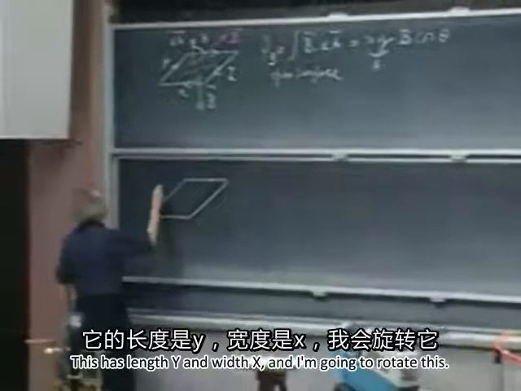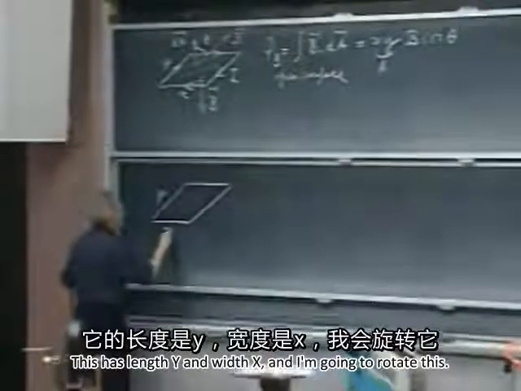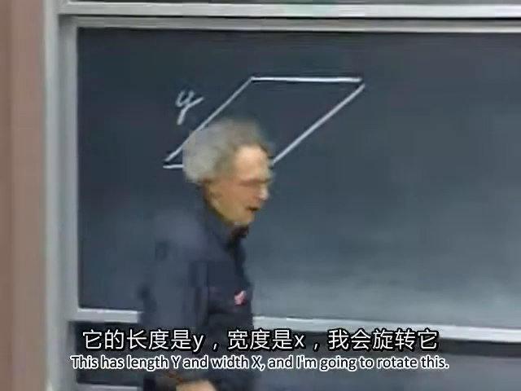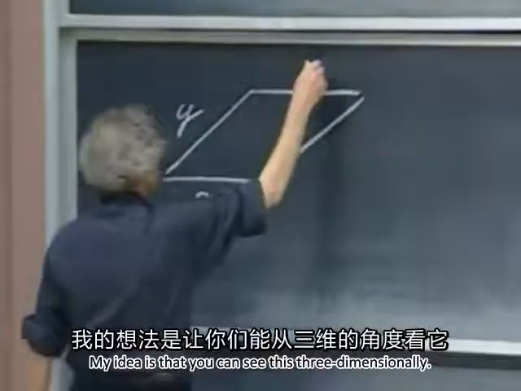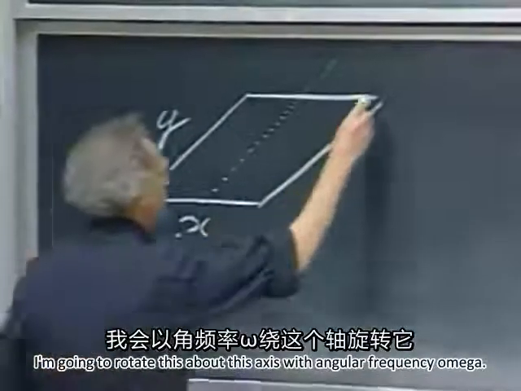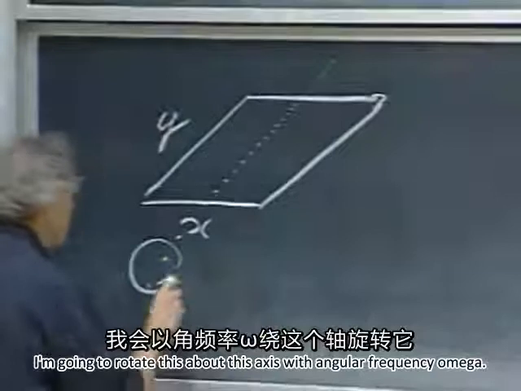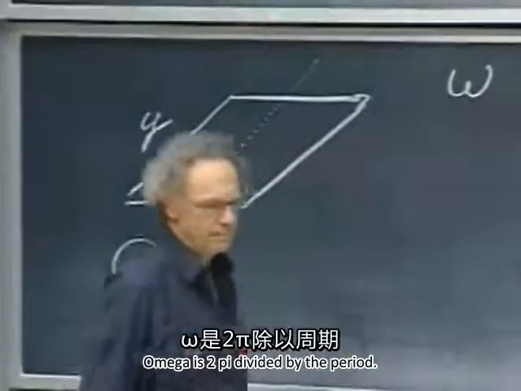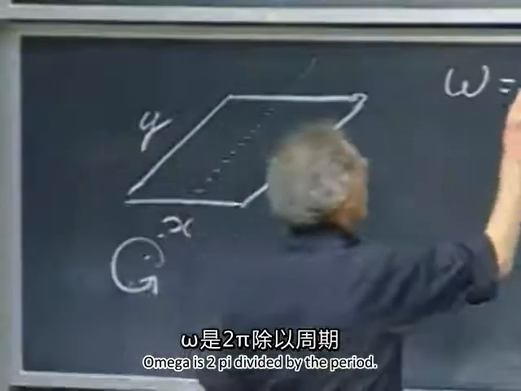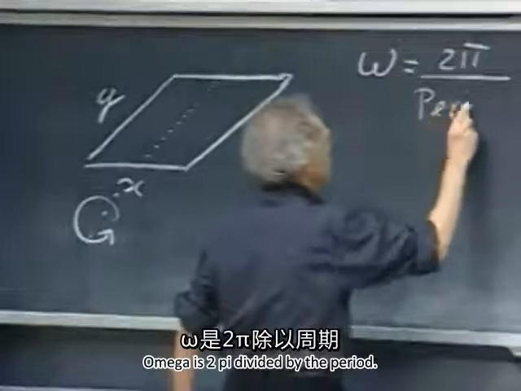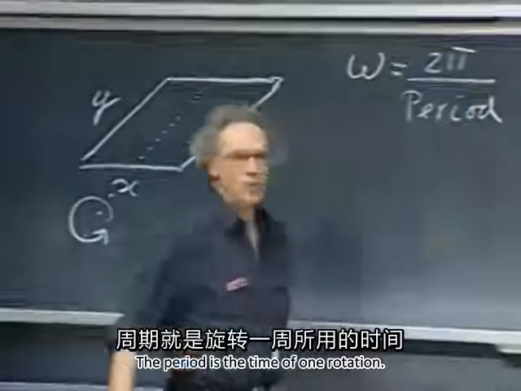This has length y and width x. And I'm going to rotate this. My idea is that you can see this three-dimensionally. I'm going to rotate this about this axis with angular frequency omega. Omega is 2 pi divided by the period. The period is the time of one rotation.